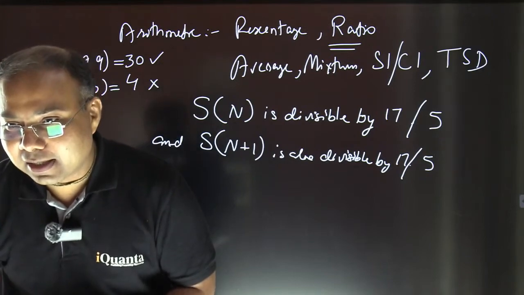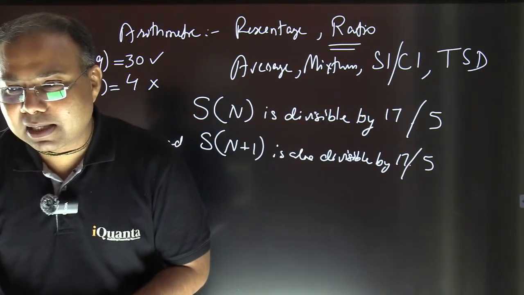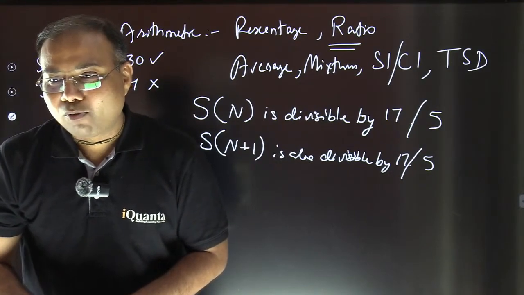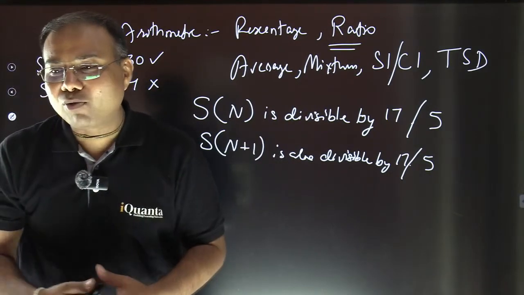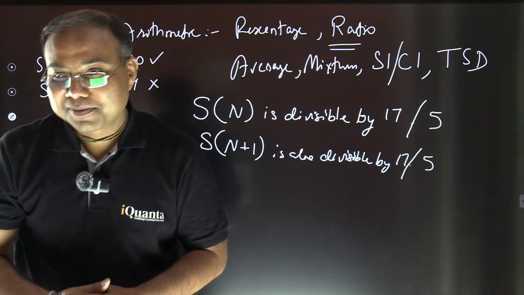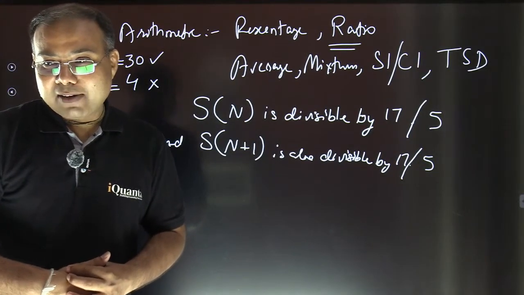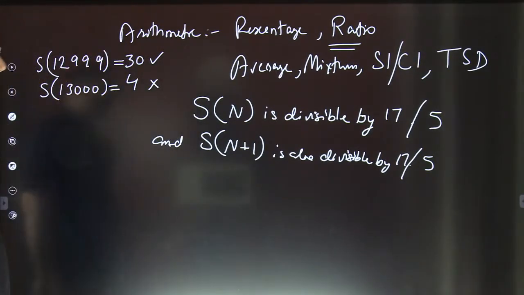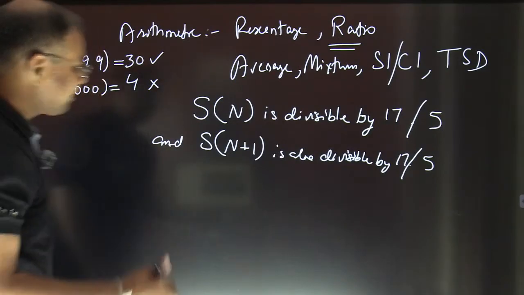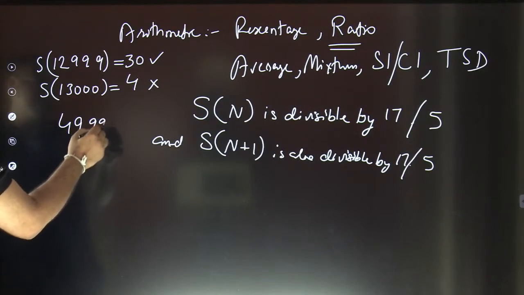For 17, Lavanya, 179 and 188. The sum of digits of 179, its successor number is 180, not 188. Good, Shambhavi, nice. Lavanya, that's not the right answer. By the way, for 5, Soumyadeep has given the right answer. So that is 49,999.